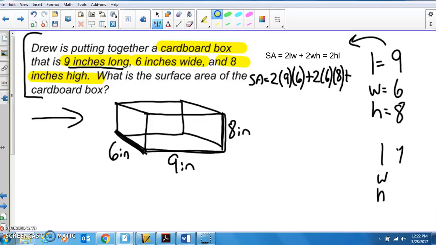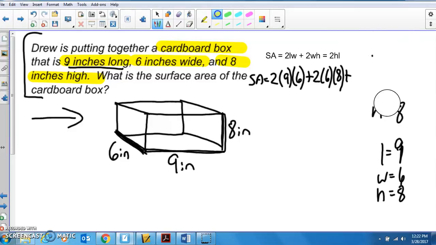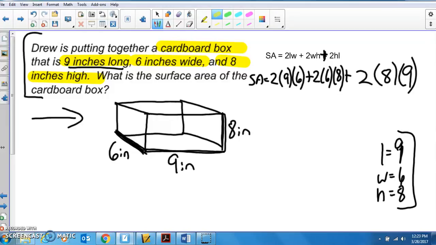So my length is 9, my width is 6, my height is 8. That way I can work the rest of the problem out. Plus, and that should be a plus right there, 2 times my height is 8, and my length is 9. Basically what you're doing is taking these three measurements, multiplying each one by the other, and then times 2.